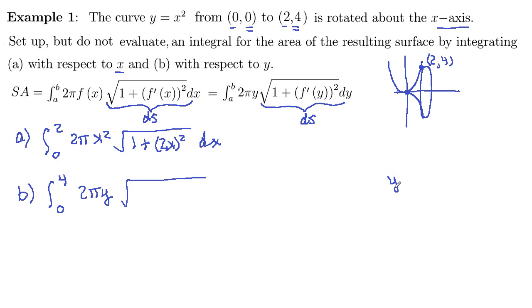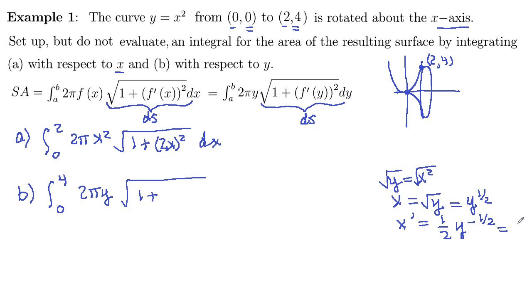So if y is equal to x squared, and we take square roots on both sides, then our x is going to equal the square root of y. The positive square root of y is going to be this piece here and the negative square root there. So that's y to the 1/2 power. And so this will be 1 plus our f prime of y, so our x prime here: 1/2 is going to come down times y, decrease our exponent by 1, so 1/2 minus 1, negative 1/2.